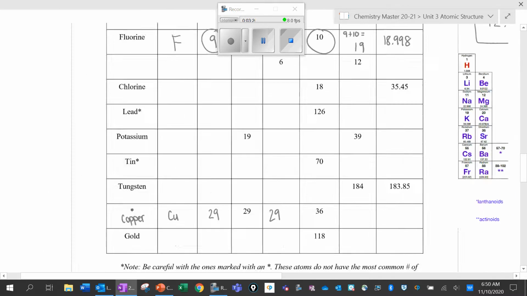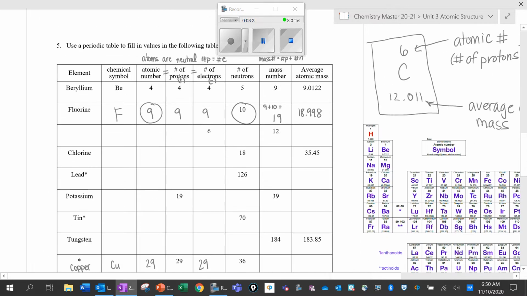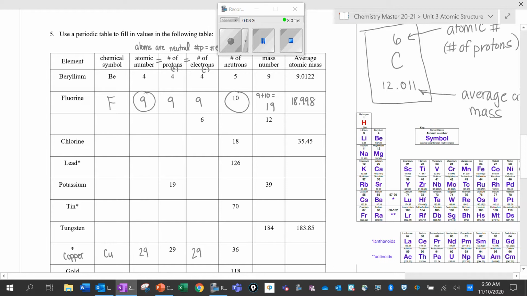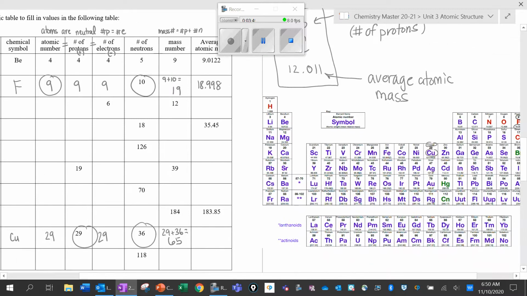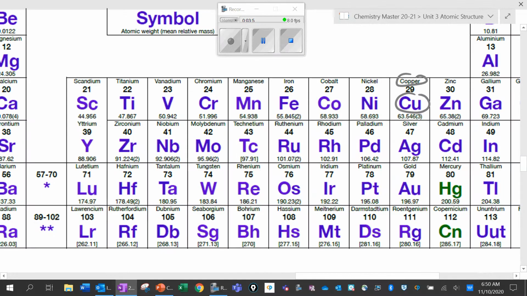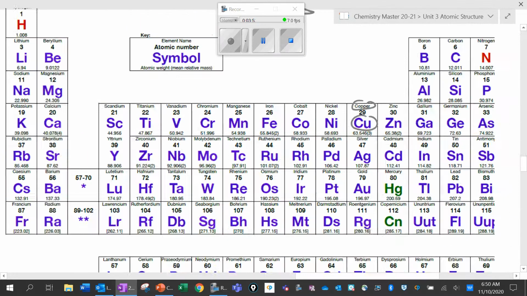So remember, our mass number is the number of protons plus the number of neutrons. So it's going to be 29 plus 36, and that is going to add up to 65. And then the average atomic mass I can find on the bottom here, that is 63.546.